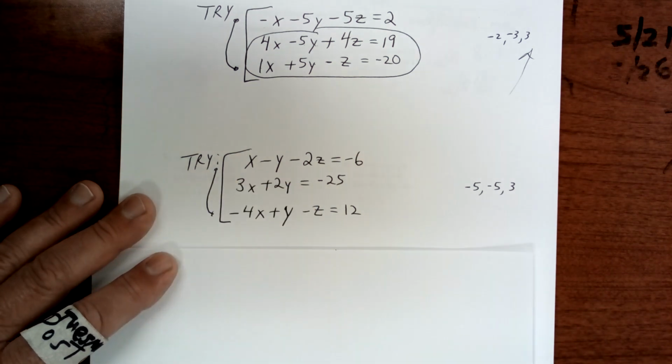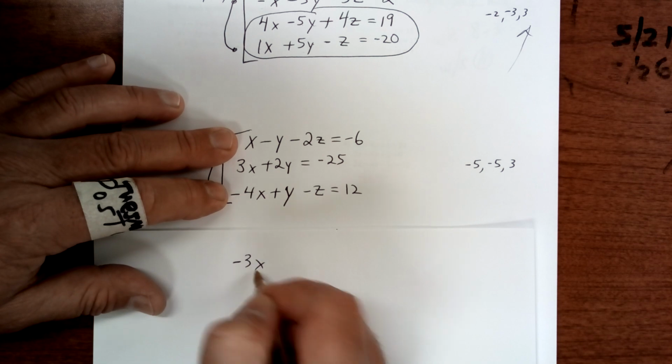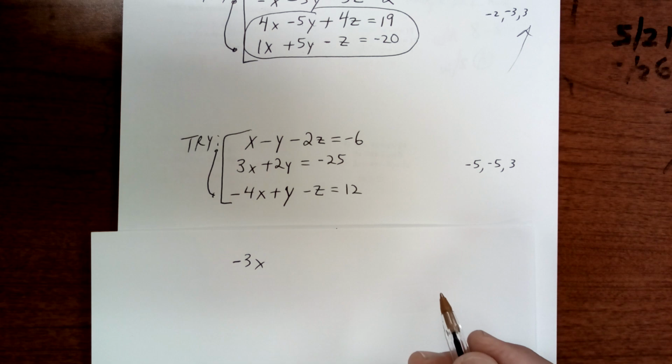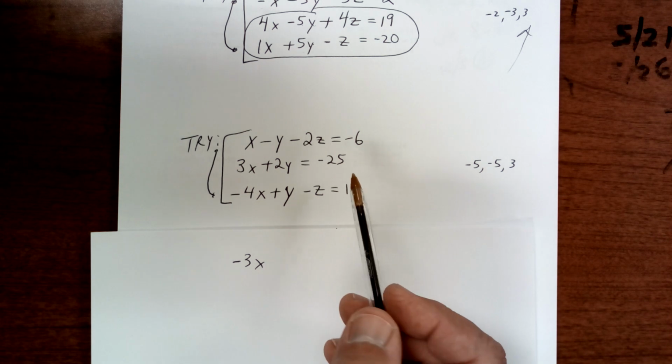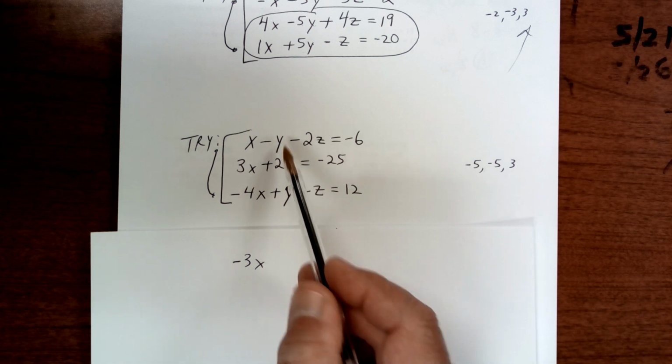Okay. So if you do the first and last rather, if you do the first and last, you get a negative 3x. And then here your y's cancel. Now I'm not sure we want the y to cancel, but it does. Okay, so the y does cancel.